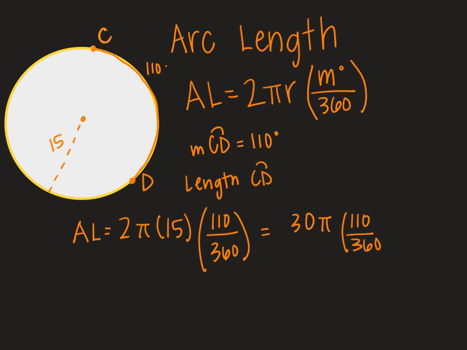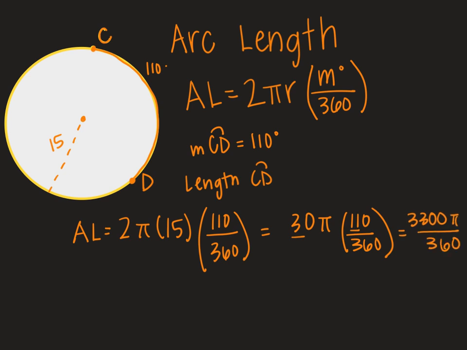If you want, you can simplify this fraction. From here on, it's just however you want to simplify this. I'm just going to multiply these two top numbers, 30 times 110, which will give me 3,300, and then times pi over 360.